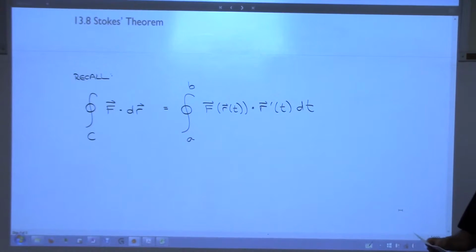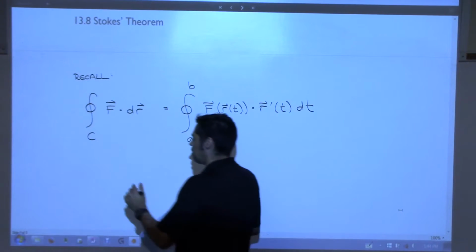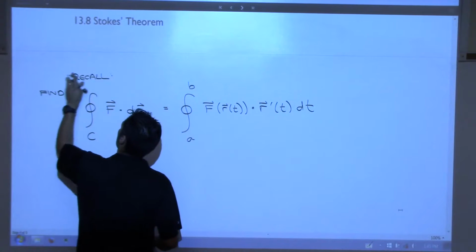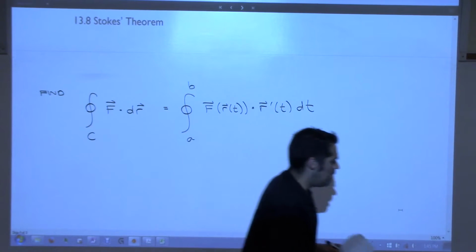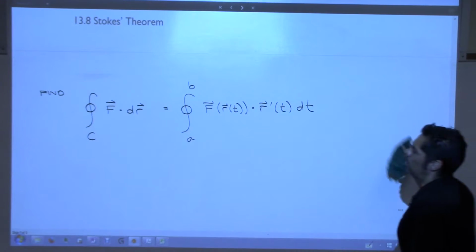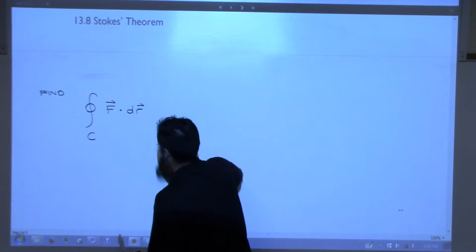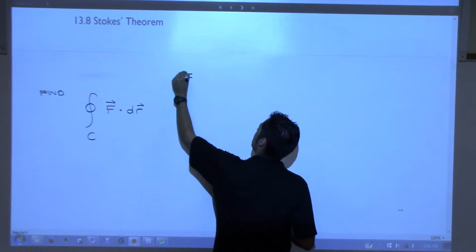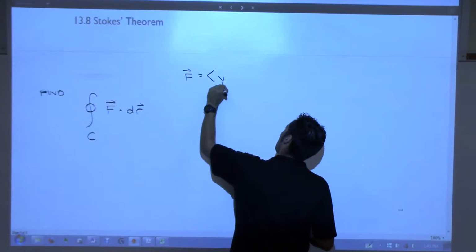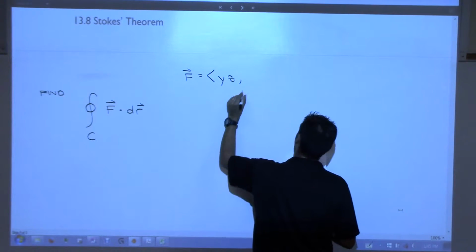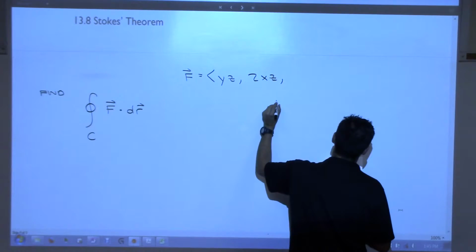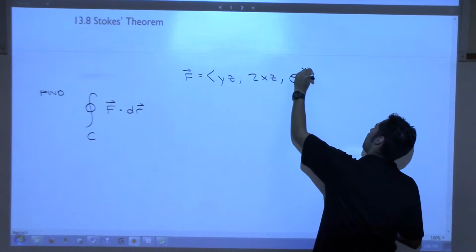So I would like us to start by doing this. I want us to find this. All right, find that for the following. I have a vector field F equals ⟨yz, 2xz, e^(xy)⟩.